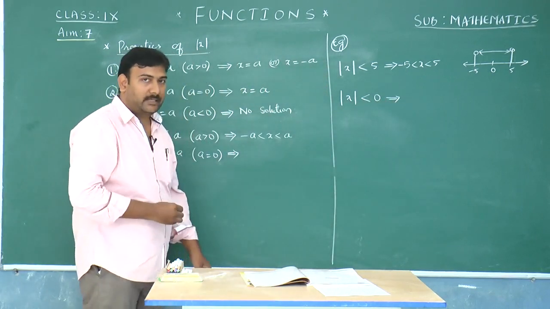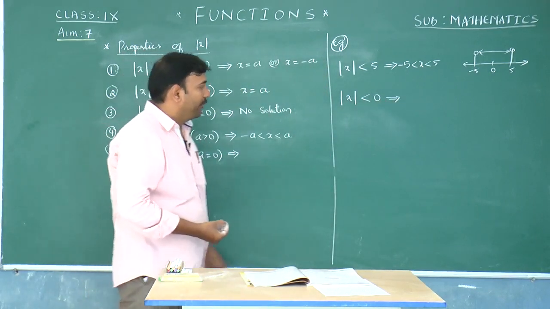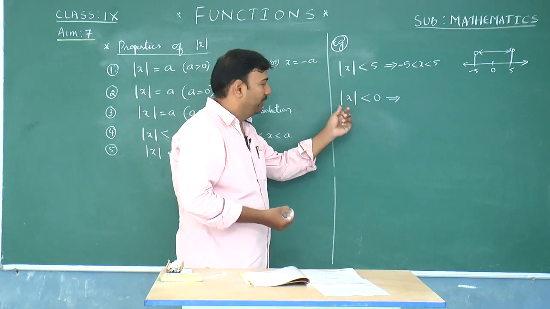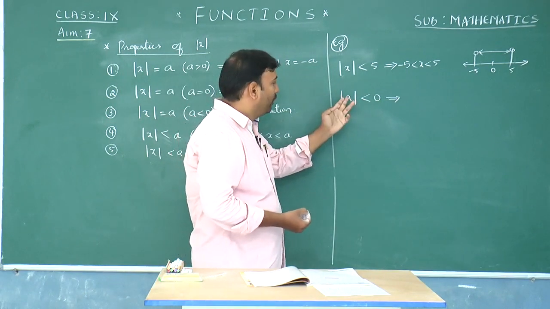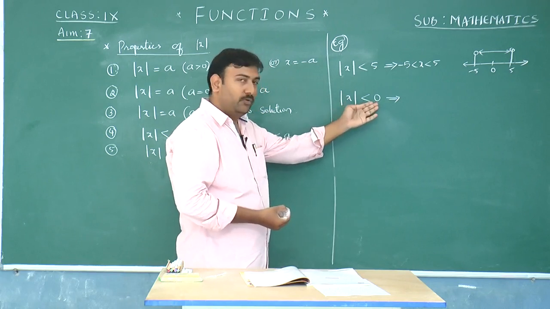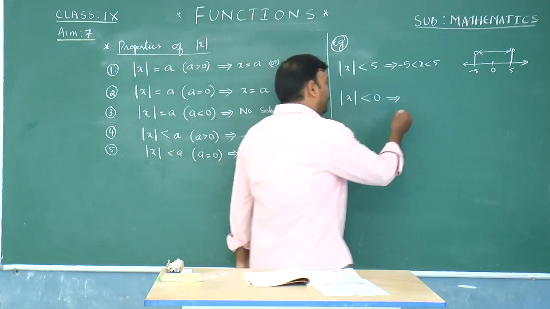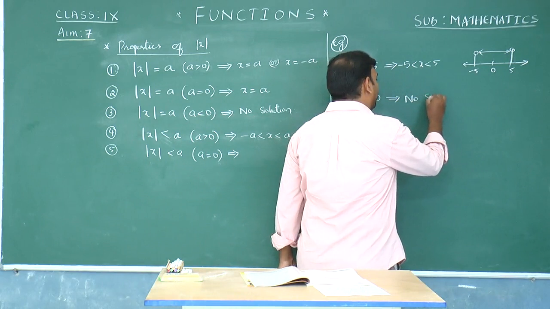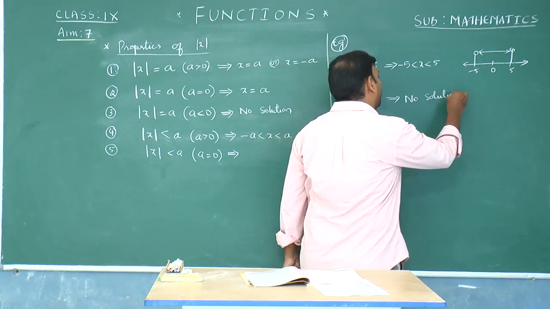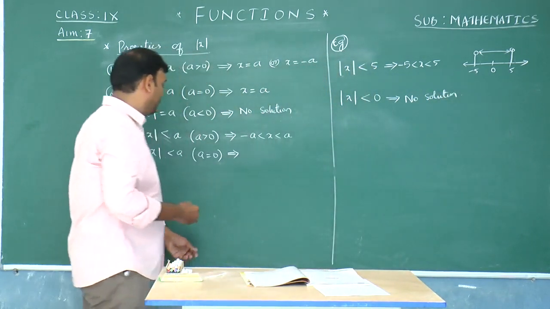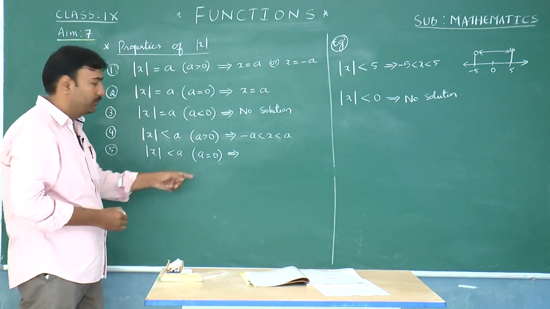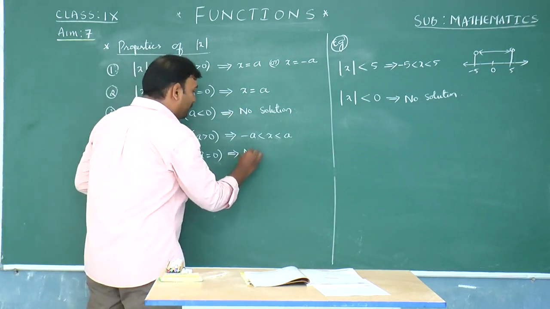So whenever the right hand side is 0, we know that modulus of any number is never negative. So whatever number I take, it will never give you less than 0. So in this case, you will get no solution. So exactly whenever the right hand side of this term is equal to 0, then you can say that there is no solution.